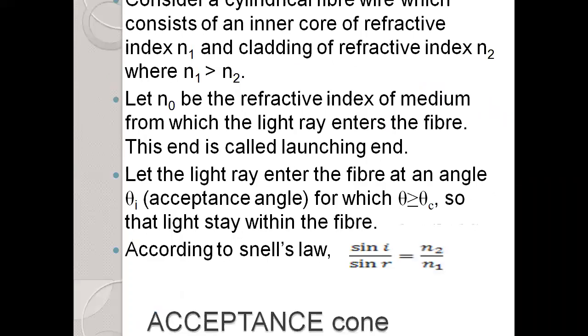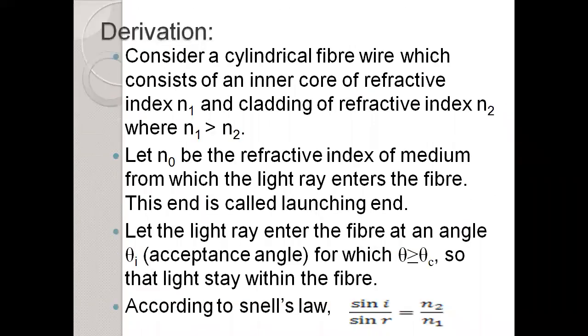Let us derive an expression for the acceptance angle by considering an optical fiber having a core material of refractive index n1 and a cladding material of refractive index n2. Since the core is a denser medium, n1 should be greater than n2. The surroundings of the optical fiber cable form a medium of refractive index n0, and the end from where we give the signal into the optical fiber is called the launching end.